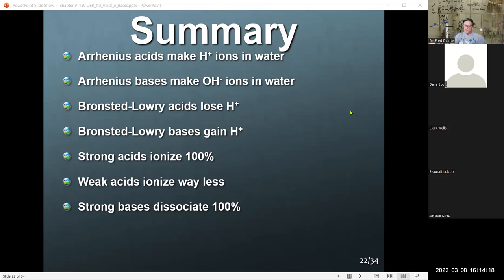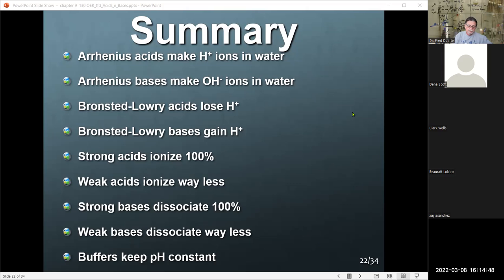Strong bases are ionic compounds that produce hydroxides, and if they are soluble based on the solubility rules, then they're a strong base. If they're classified as insoluble, then they are classified as a weak base.